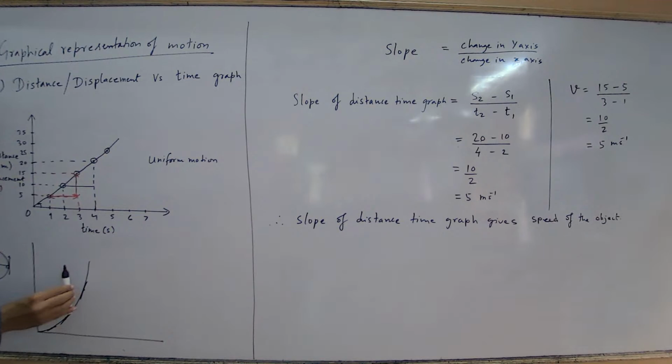So slope is increasing. Slope is inclination with respect to the x-axis, and it indicates velocity. So increasing slope means increasing velocity. Okay? So here the velocity is constantly increasing, so it is an accelerated motion. Got it? So this is not a uniform motion. Right?